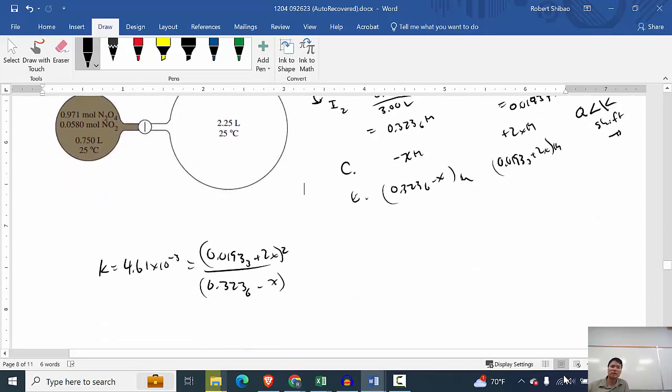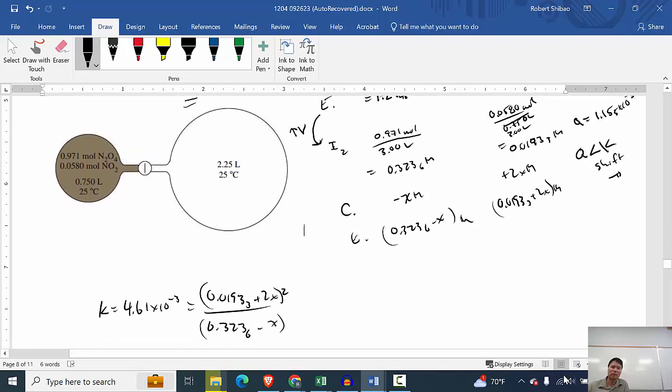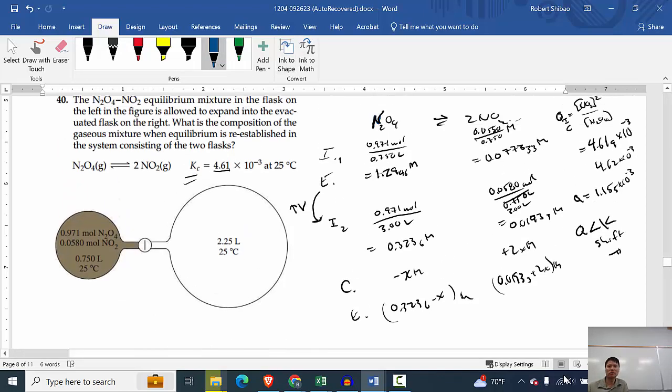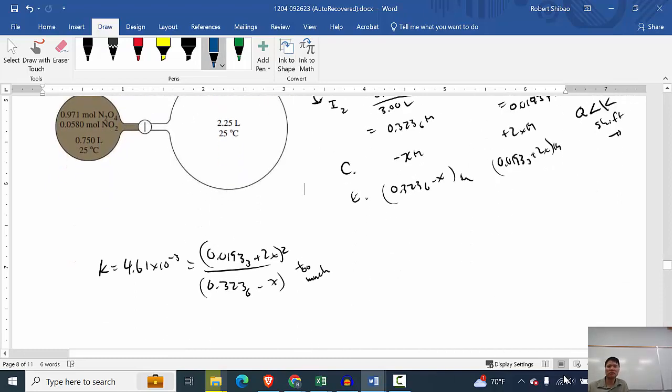So would the simplifying assumption work very effectively here? I don't think so. This math is a bit too much, because I could do something to further simplify it. What can I do to further simplify it? Well, I could do the simplifying assumption, but the x will drop out of both.